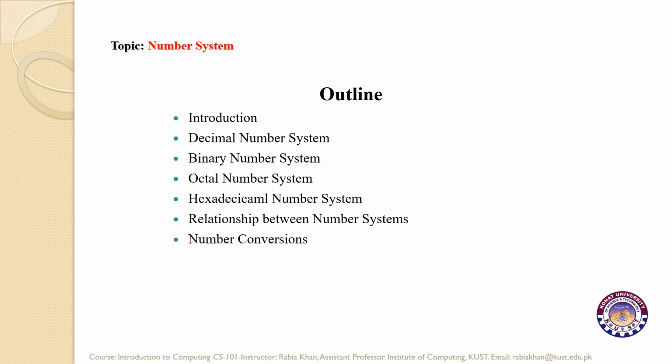In the previous lecture, we discussed a brief introduction about number system, and then we discussed different types of number system that includes decimal number system, binary number system, octal number system, hexadecimal system, and the relationship between these four number systems. Later on, we performed number system conversions, and the first conversion that we performed was decimal to binary.